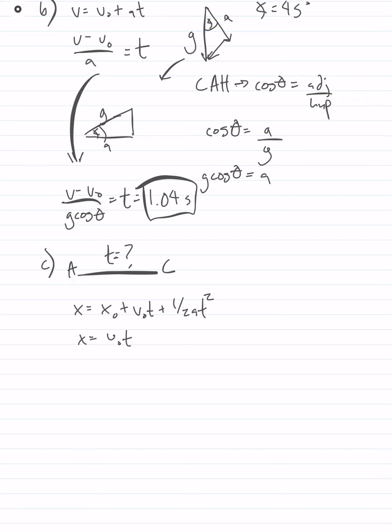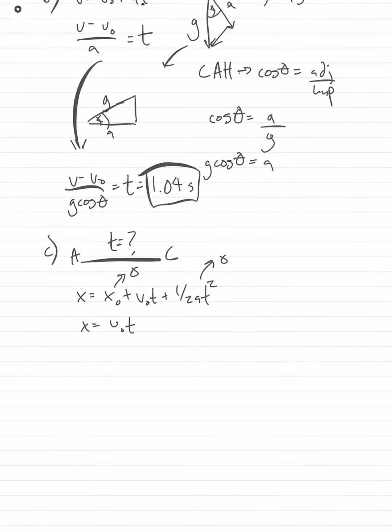This is equal to v0t, because this is 0, this is 0. And we're just trying to find t. So x over v0 is equal to t. We know what x is. x is the distance, which is equal to 10 meters. So we have 10 over 10, 1 second.